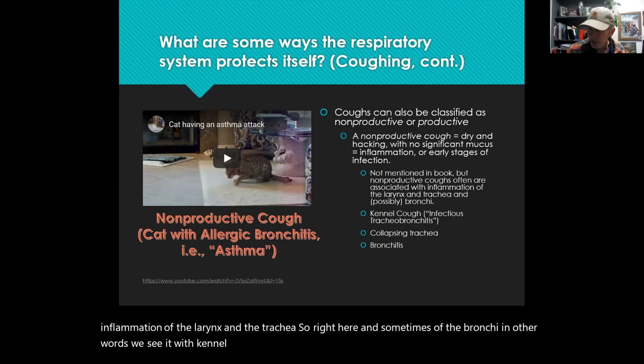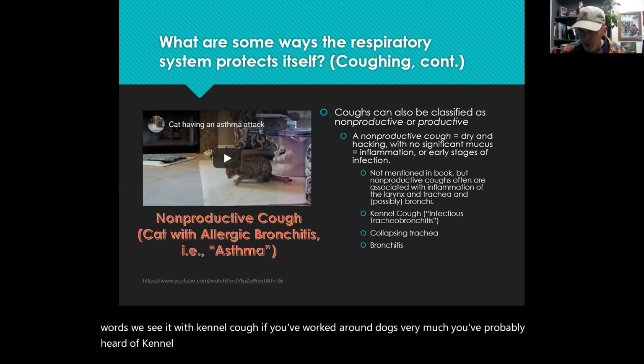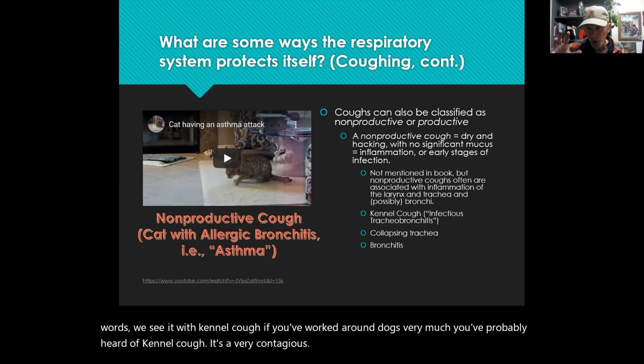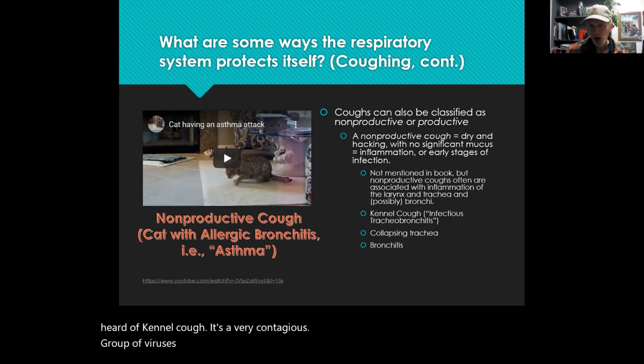If you've worked around dogs very much, you've probably heard of kennel cough. It's a very contagious group of viruses and bacteria that cause this very characteristic dry hacking cough.